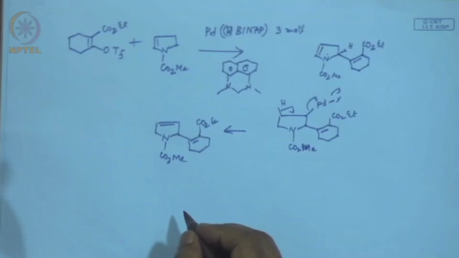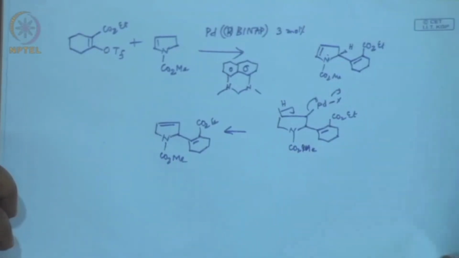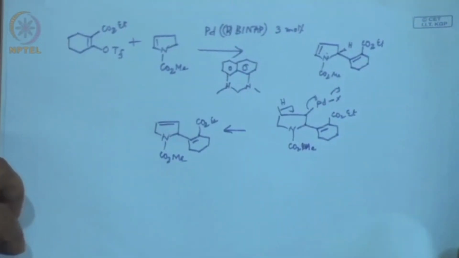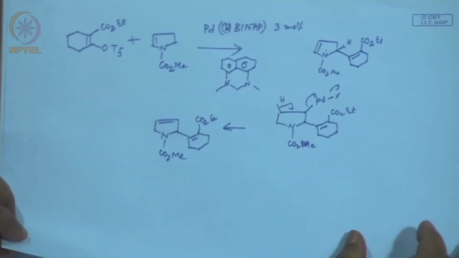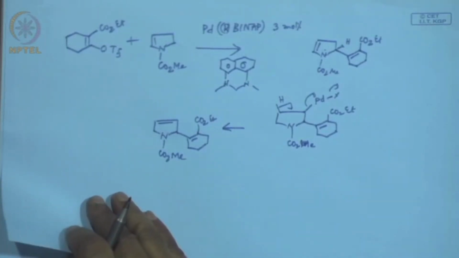It is an enamine structure. So, it has a possibility of isomerizing both ways, right? There is a possibility, but the product will go to the more stable one, right.